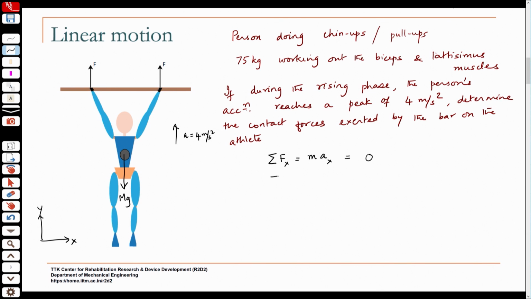It is 0. In the vertical direction, you have sigma Fy equal to m ay. The forces acting on the person are 2F in the y direction minus mg equal to m into ay.